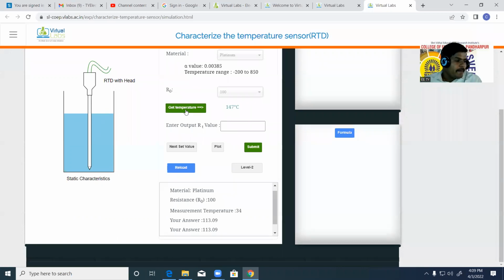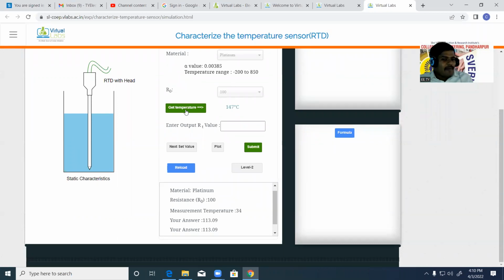Okay. Material same है, platinum material we have already chosen. Delta T is equals to 147 degrees Celsius.